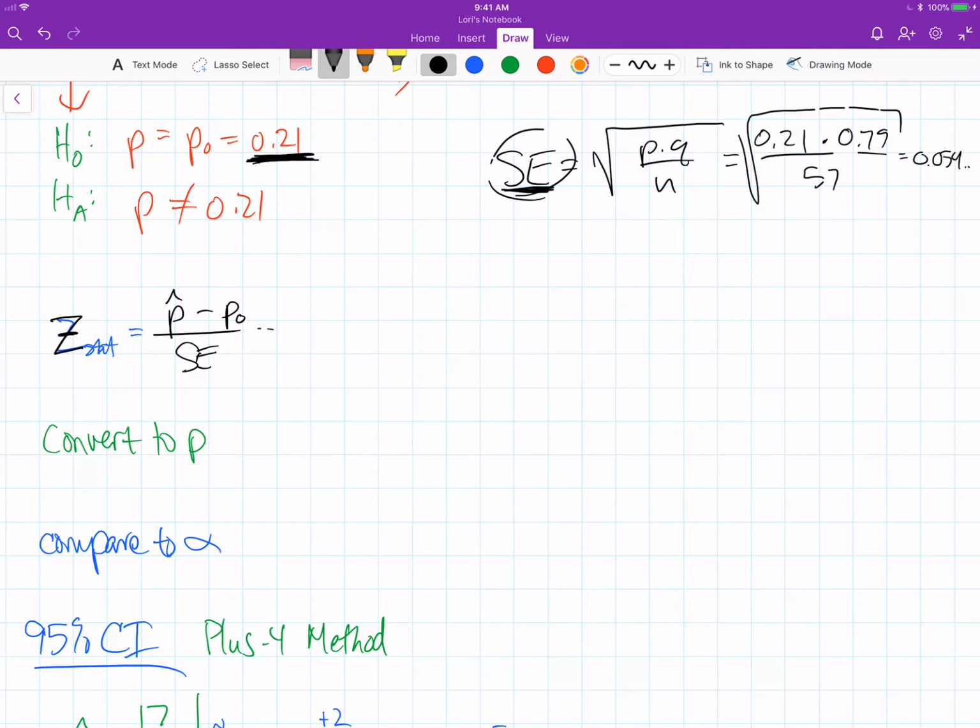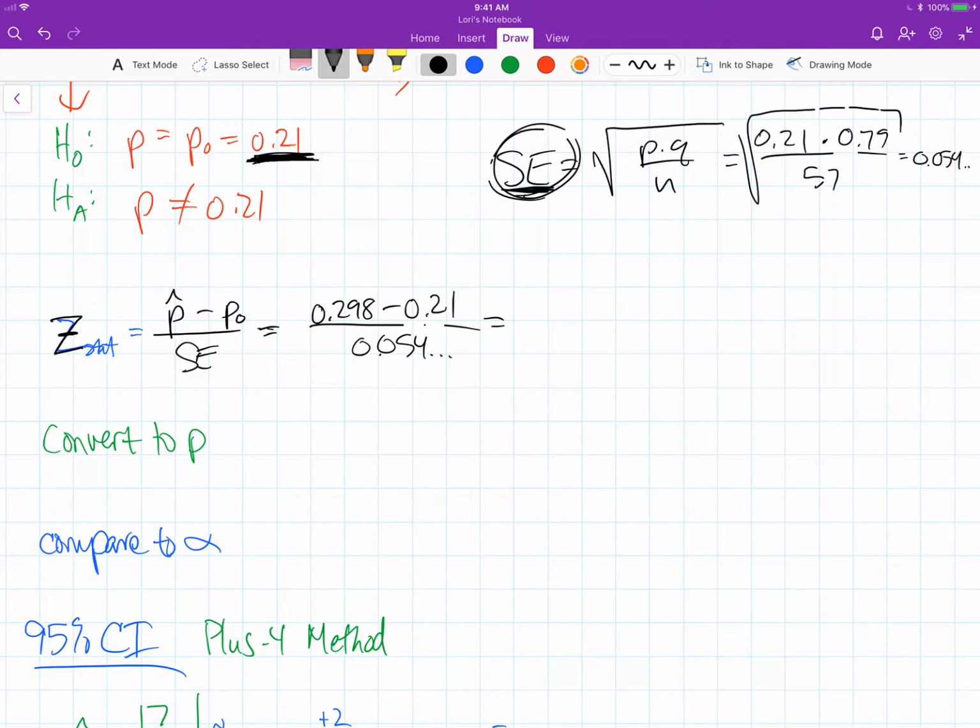Let's plug those numbers in for this example. Remember how we got 29.8% of the sample were smokers? So we have 0.298, subtract our null hypothesis value of 0.21, and then divide that by our standard error, 0.054, dot dot dot.